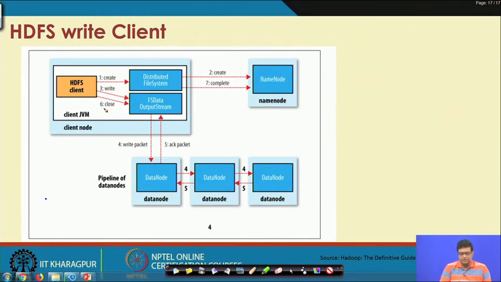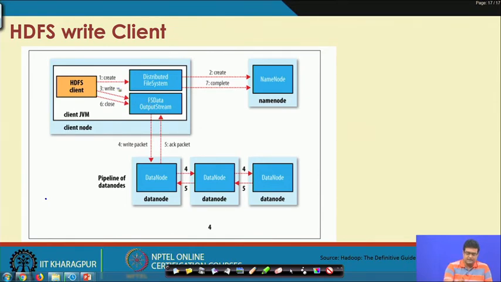So, you call the create function to the name node. The create function then creates some blocks on some data nodes and returns the list of blocks to the FS data output stream object, which is created on the client side.